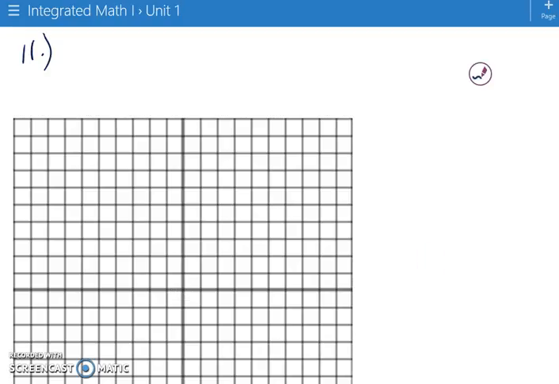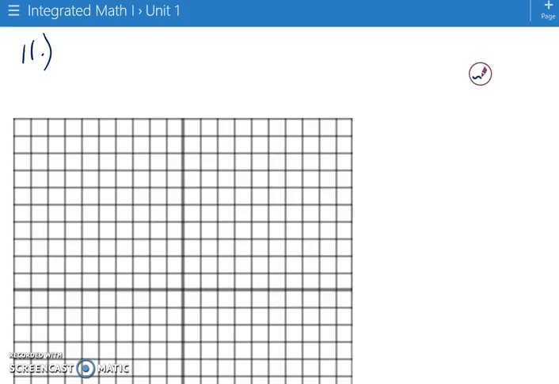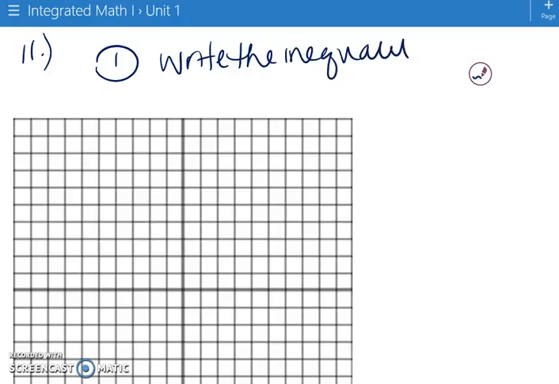All right, let's do number 11 together. This one should remind you a lot of the pet sitters problem that we did. Carlos has at most $20 to spend on a bouquet of flowers. Carnations cost $1 each and roses $2 each. Okay, so actually, let's have you guys give this a try. I want you to do your first step: write the inequality. So I'll help you out with this first part.